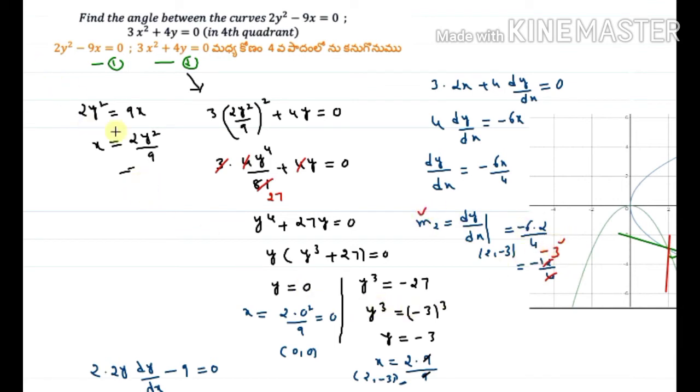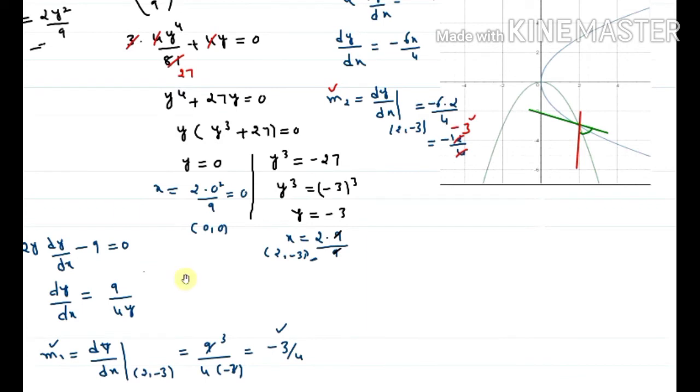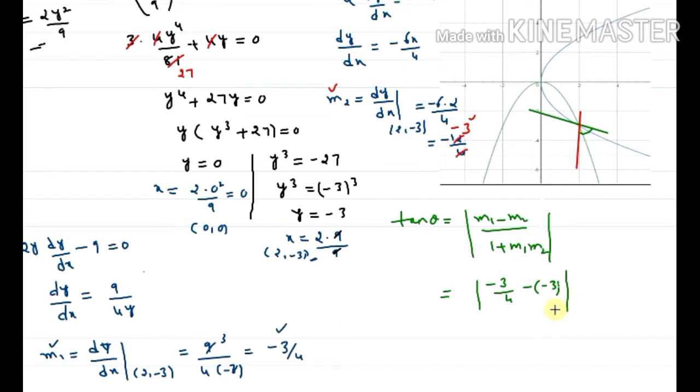After getting m1 and m2, now find out the tan theta value. So tan theta is equal to mod m1 minus m2 divided by 1 plus m1 m2. m1 means minus 3 by 4, m2 means minus 3, divided by 1 plus m1, that is minus 3 by 4, into minus 3.